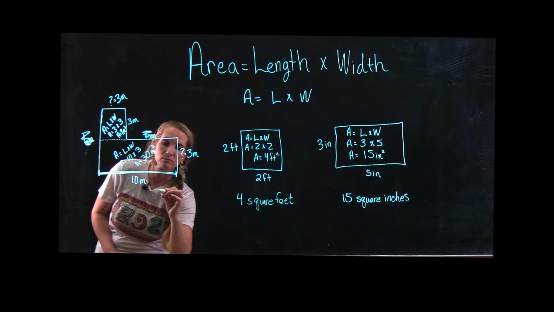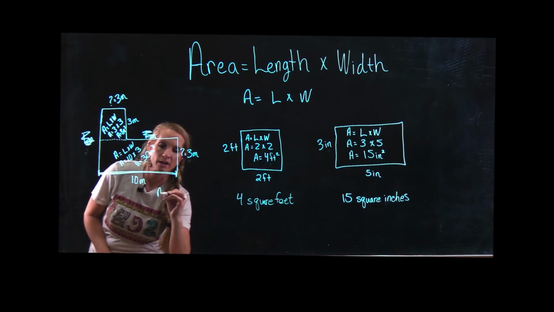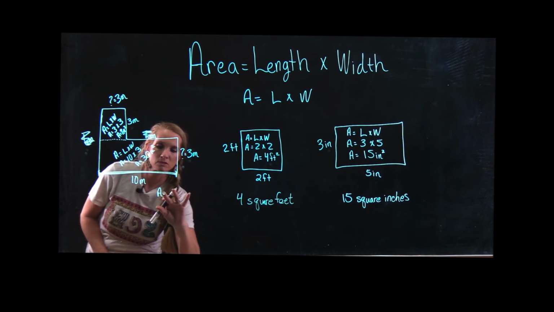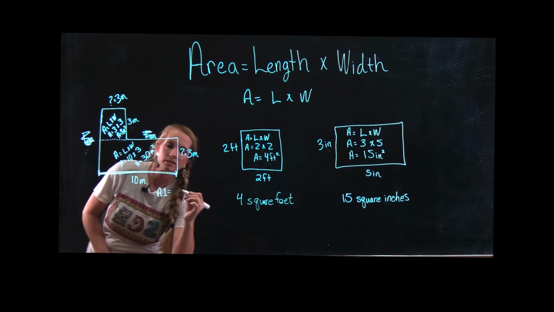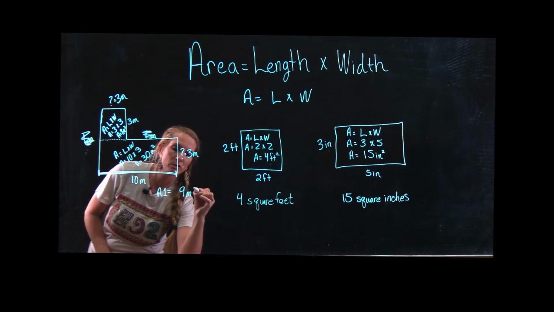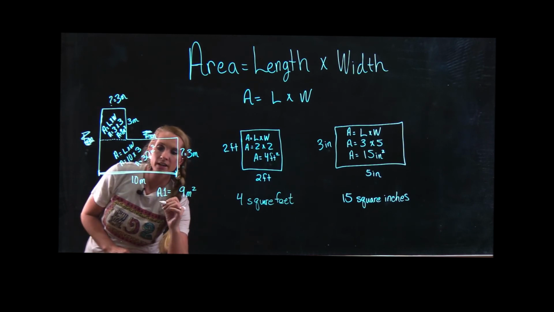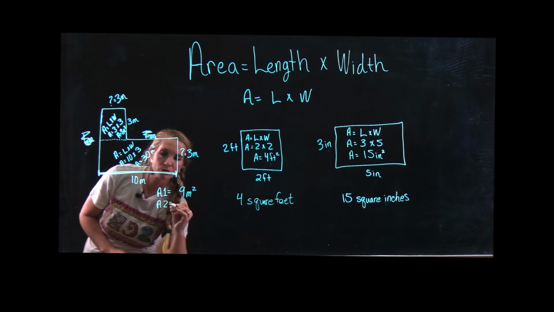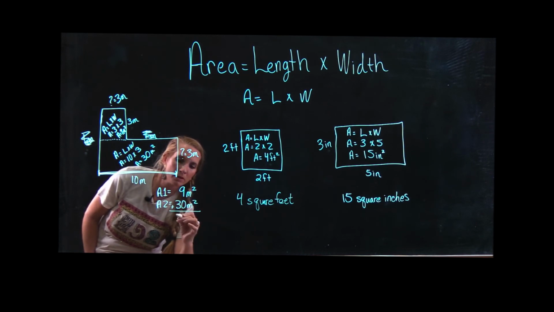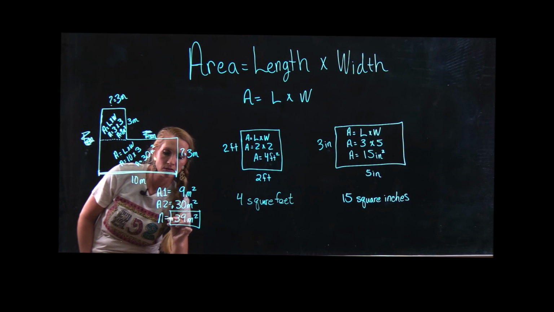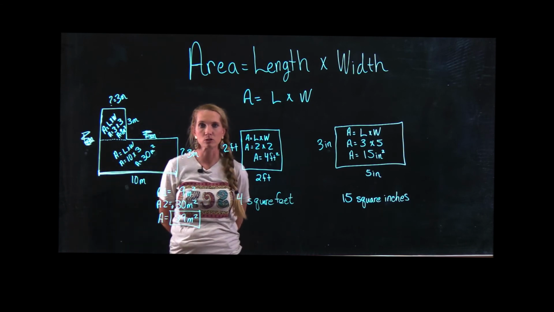So area 1 is equal to 9 meters squared, and then the area of the second room is 30 meters squared. Have to add those 2 up. So then I have an area of 39 meters squared.